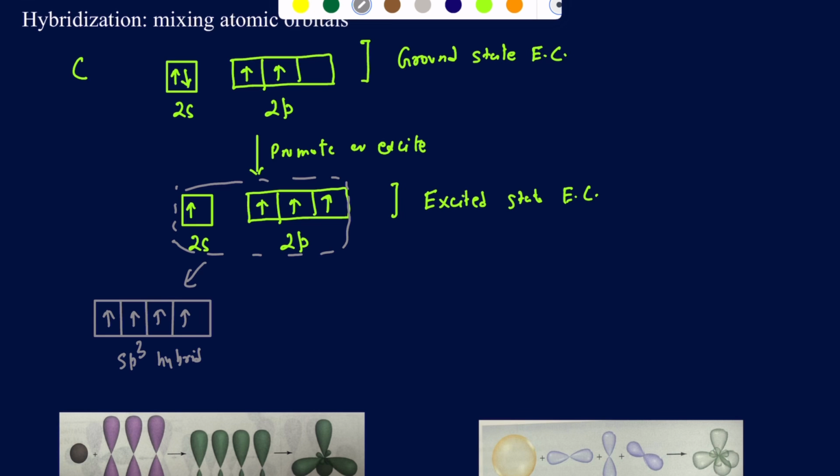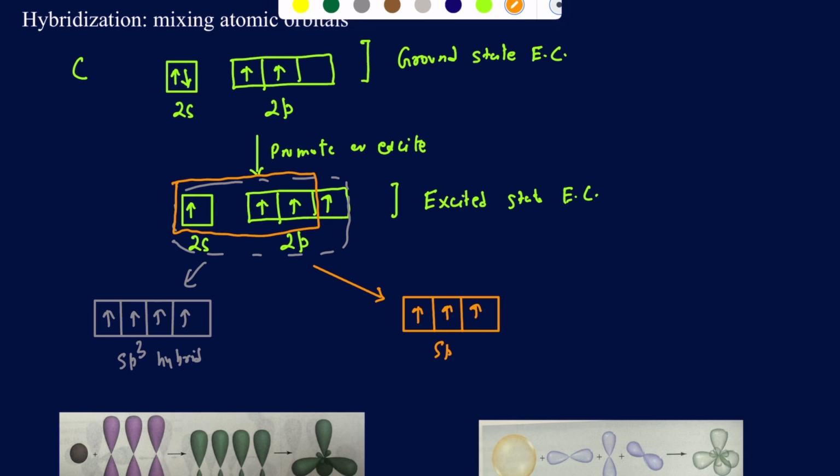Now remember, I do not have to get all three orbitals from the 2p subshell mixed, but in this first example, I'm mixing all three of them. Let me give you another example where I want to mix only, let's say, I'm just going to use a different color here, so pay attention to the color. I'm going to be mixing one from the s and two from the p, so I get a set of three orbitals that are hybrid now, and they're each going to have one electron.